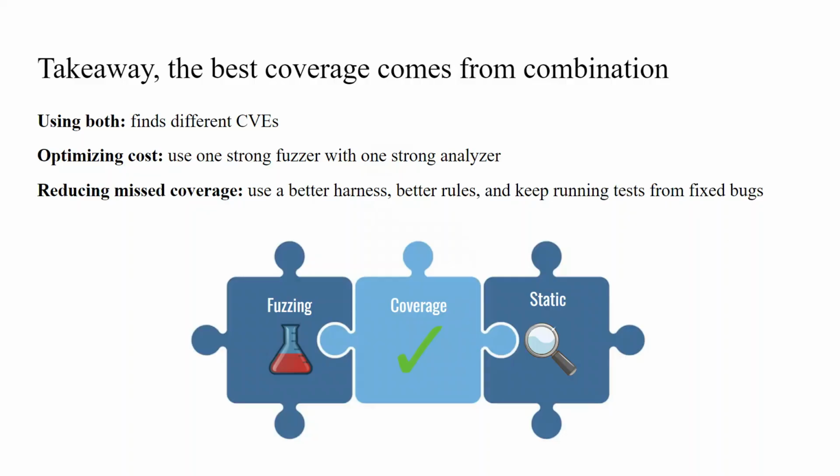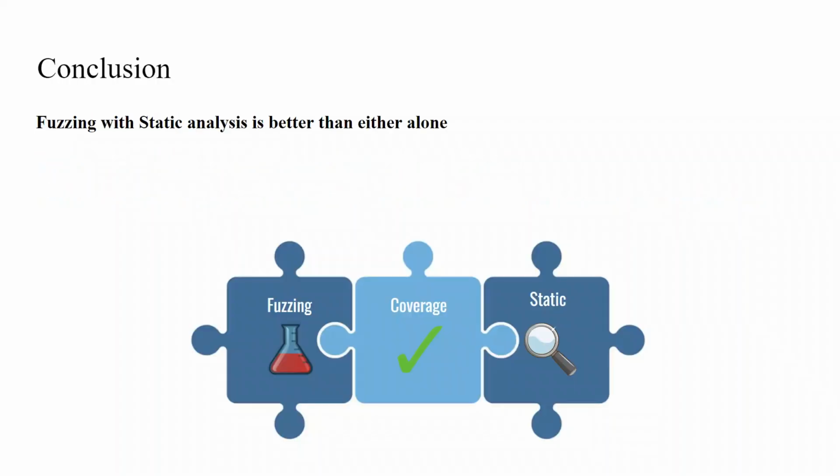You're going to have to put in the effort to be able to find those. So, I mean, they're better together than alone. The challenge is just setting it up in the pipeline, reachability for fuzzing, usability for static, and making sure to keep using the same tests that you're making.